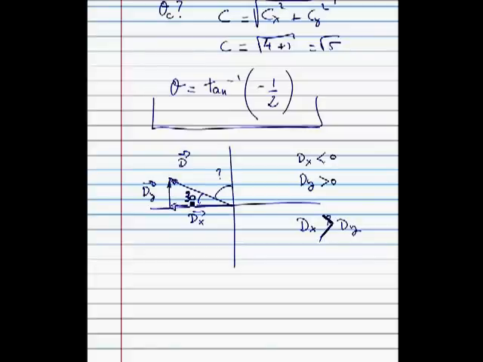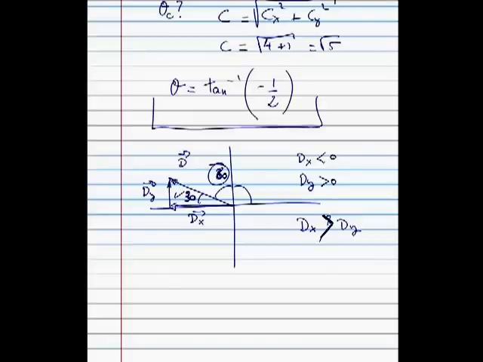Similarly, if dx is larger than dy and the calculator gives you an angle of 60 degrees, then you know that the 60 degrees must be this one. So depending on which angle the calculator gives you, either you add 90 degrees if the calculator gives you 60, or you take 180 minus 30 degrees if the calculator gives you 30.